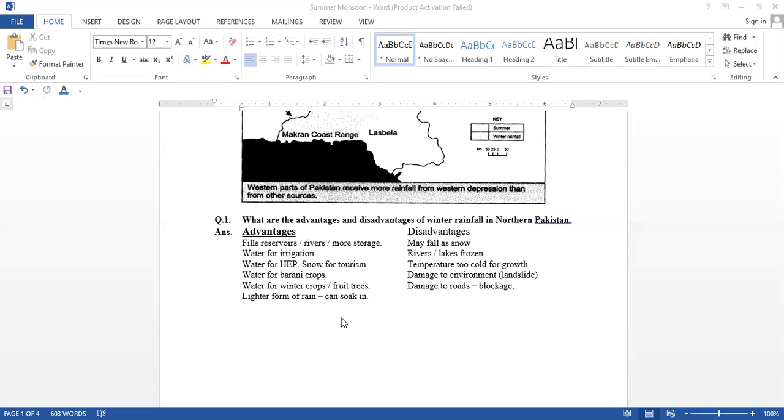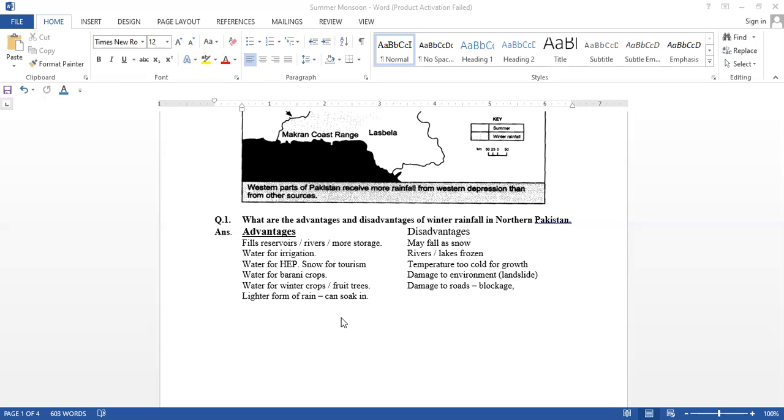So installation of tube wells and digging canals is very difficult. So the crops in this area purely depend on rain. Then they are called Barani crops. As well, when rain occurs by the source Western Depression, fruit trees also get advantage.